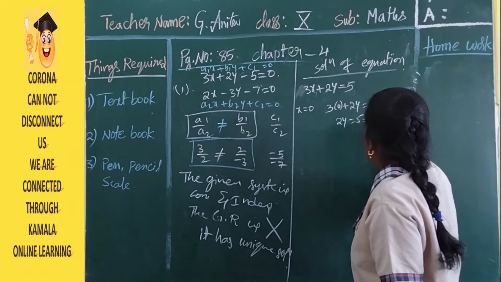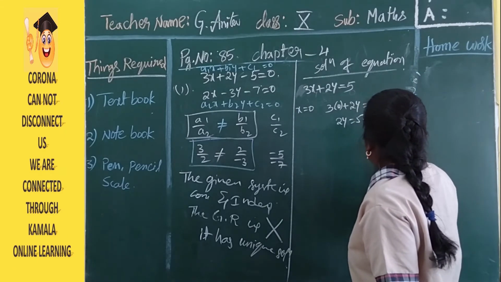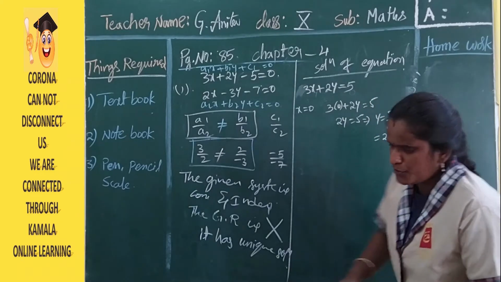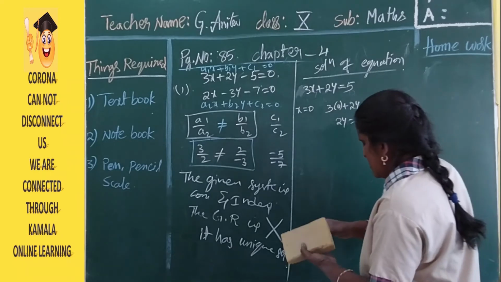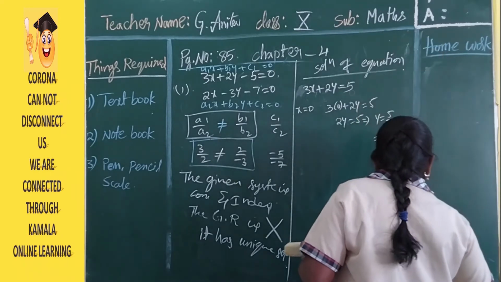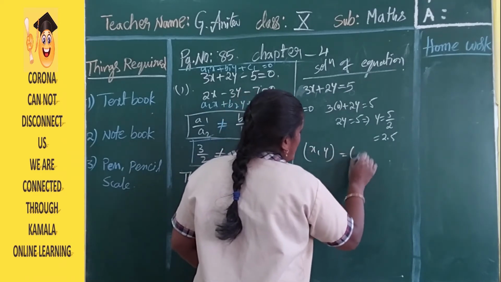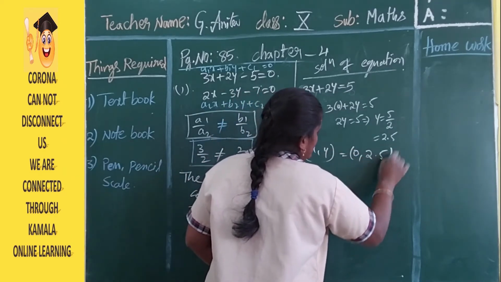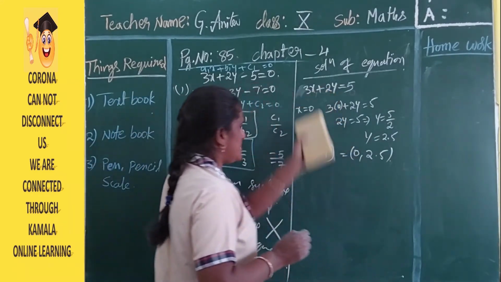Then y is equal to 5 by 2, which is 2.5. So the x comma y value is 0 comma 2.5. This is one solution of this equation.